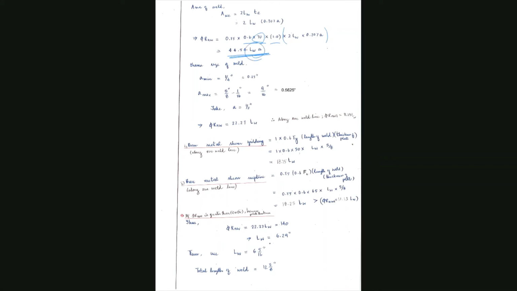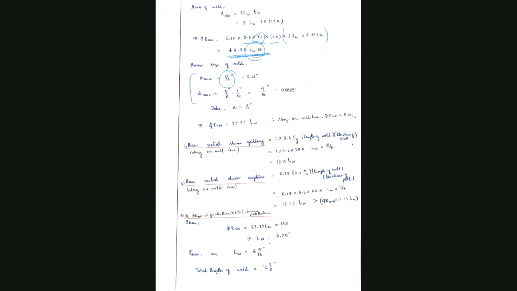So you have to fix one of them and design for the other. Usually what we do is we fix the value of a because that's more reasonable, because a depends upon the minimum value and the maximum value of a depends upon the thickness of the base metal. The minimum value of this is 1/4 of an inch.